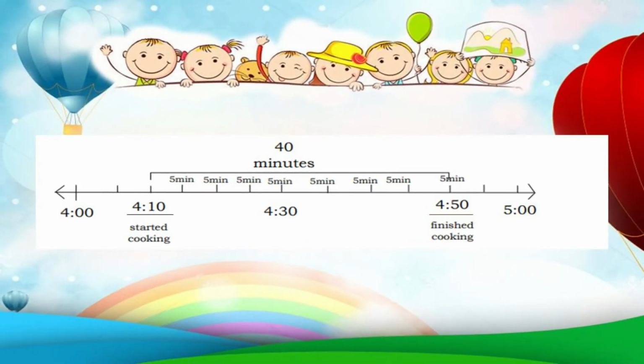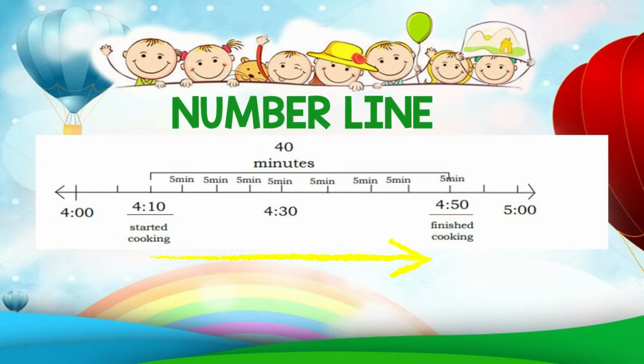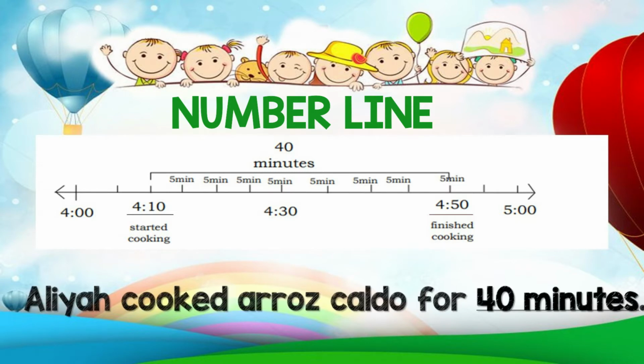You can use a number line to solve for the answer. Start counting from 4:10 by 5 minutes up to 4:50 to get the elapsed time. The answer is Aliyah cooked arroz caldo for 40 minutes.